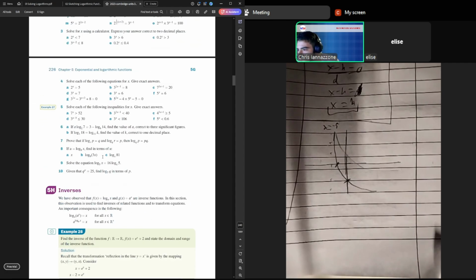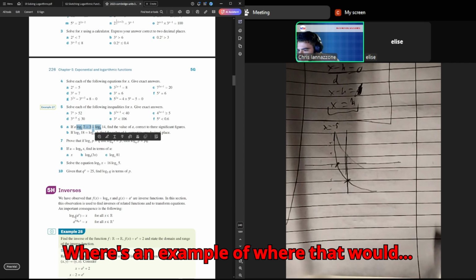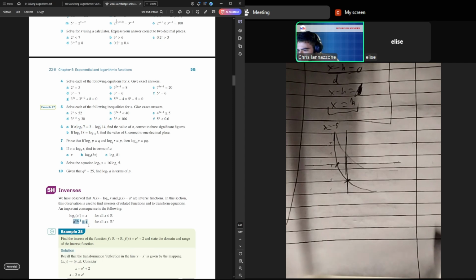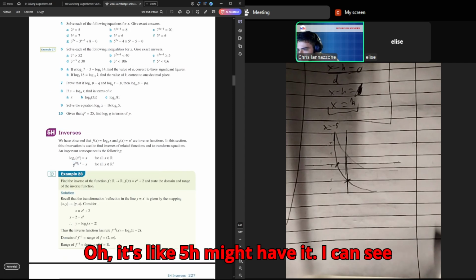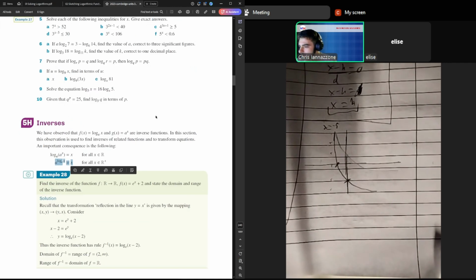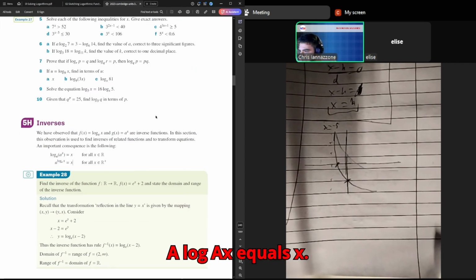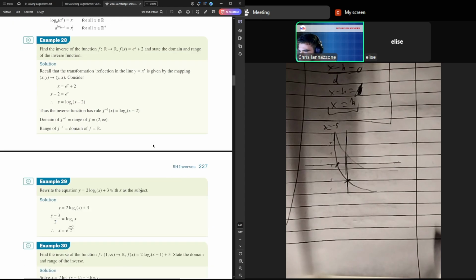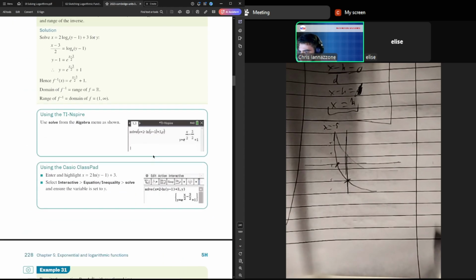Where's an example of where that would... Oh, it's like 5H might have it. I can see it right there. A log ax equals x. Maybe, maybe not.